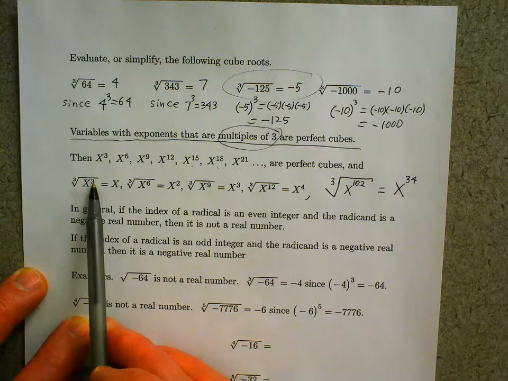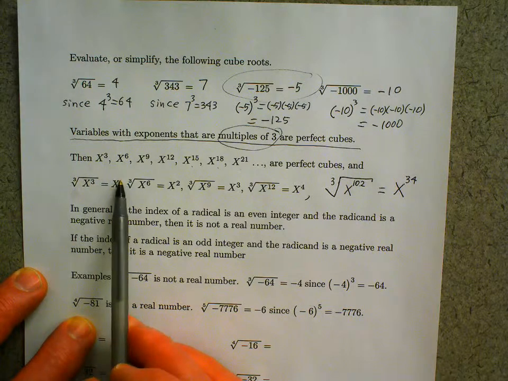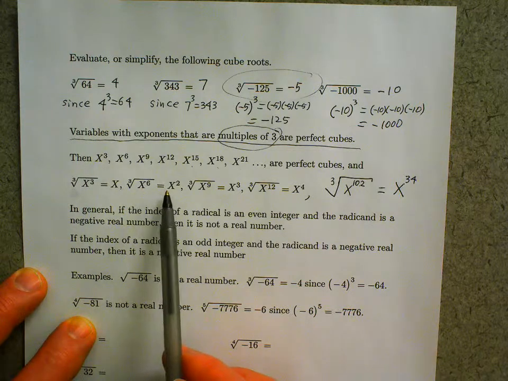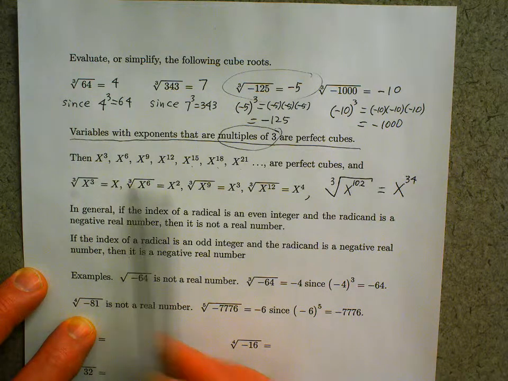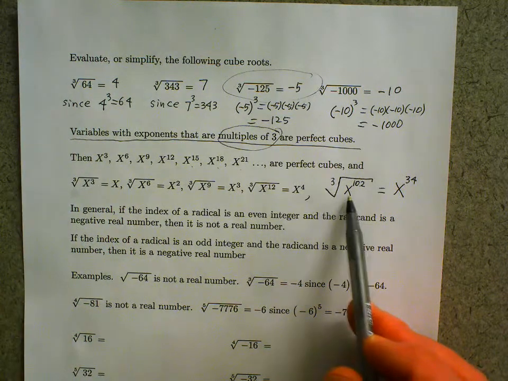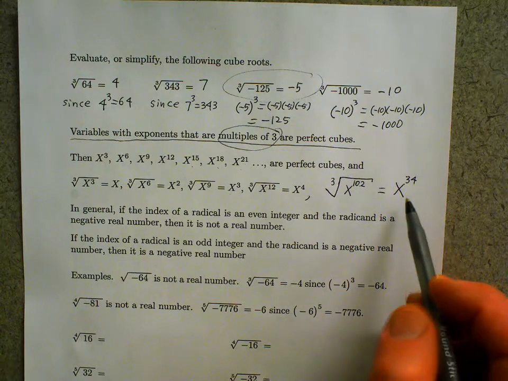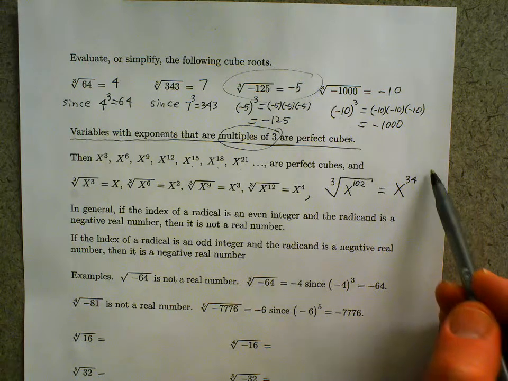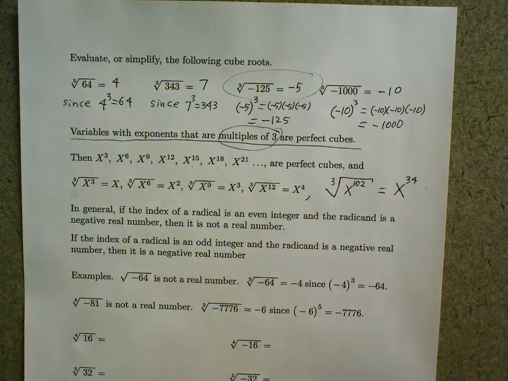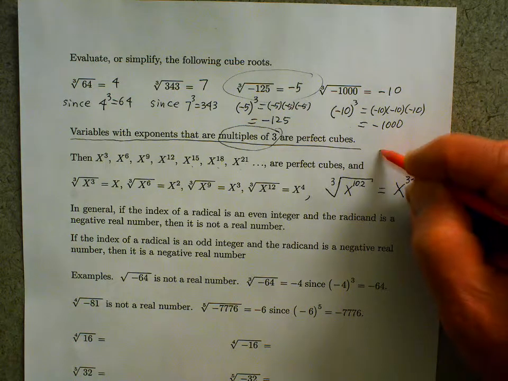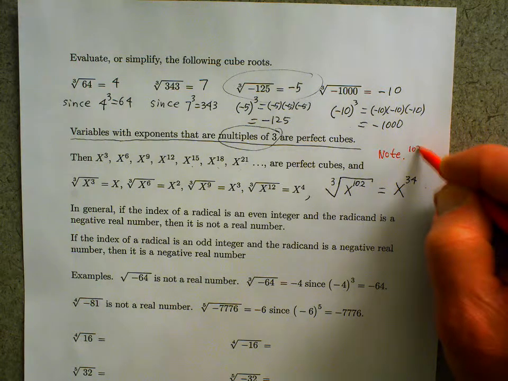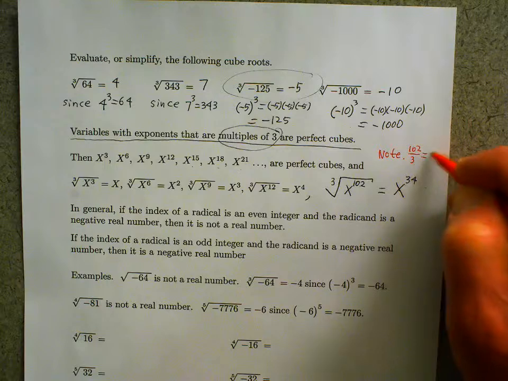So in this first example, 3 divided by 3 is 1. The cube root of x to the 6th is x to the 6 divided by 3, or x to the 2nd, and so on. This last one, the cube root of x to the 102, simplifies to x to the 102 divided by 3. So that's the observation to make here. 102 divided by the index 3 is equal to 34.